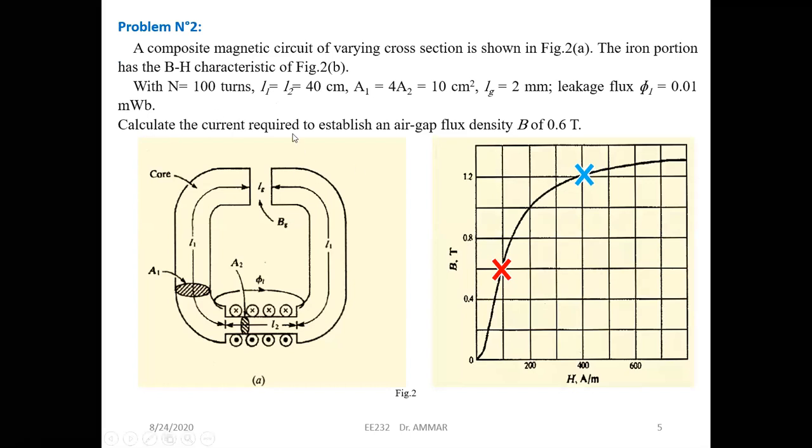I said at this point that the flux density in the air gap equals the flux density in the core, because they have the same cross section. But in this piece L2, the flux density is different because we have a different cross section.